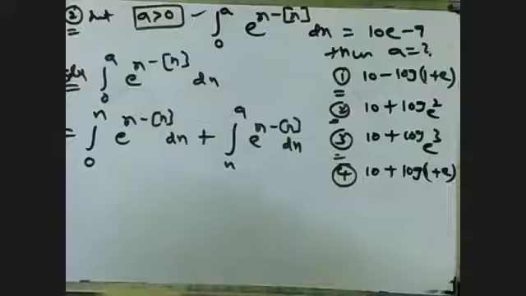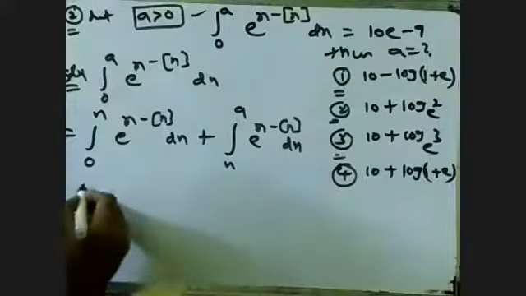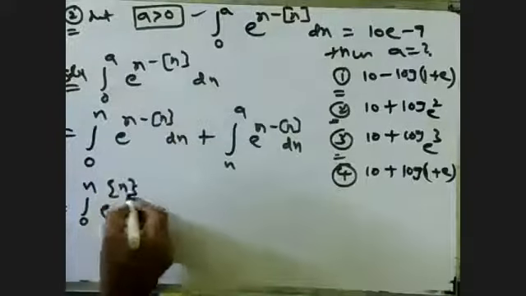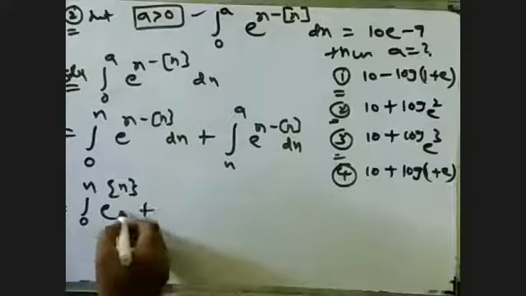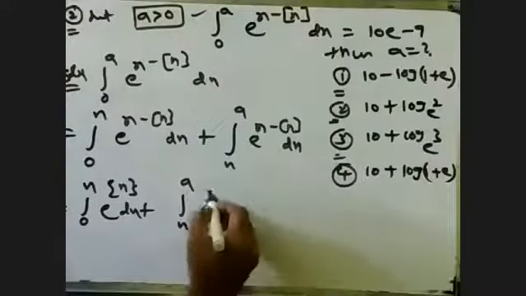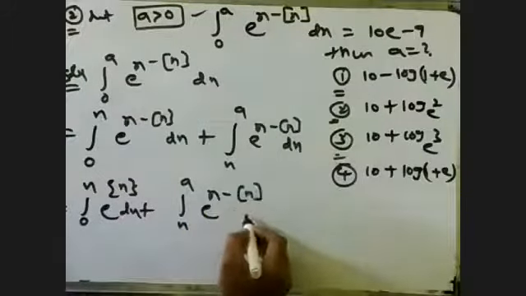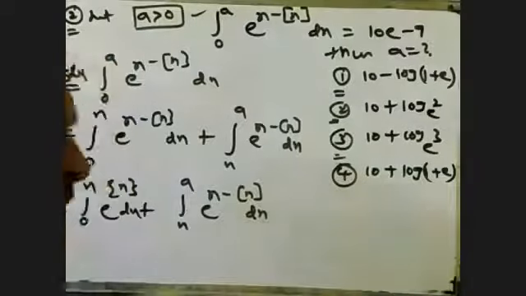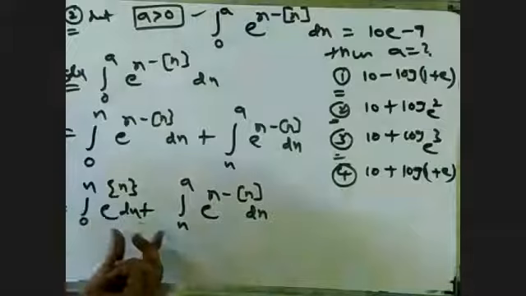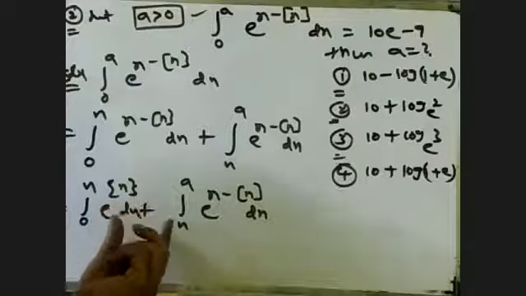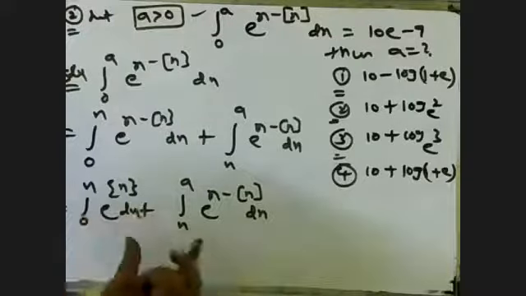We already know x minus floor x is nothing but the fractional part of x. So integration 0 to n of e power fractional part of x, plus integration n to a e power x minus floor x dx. The fractional part of x is a function whose period is 1.